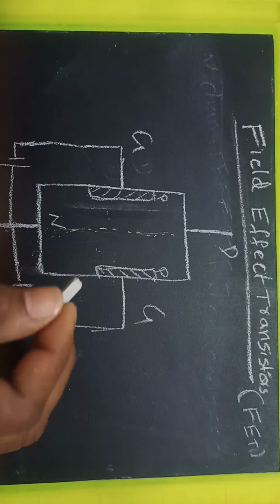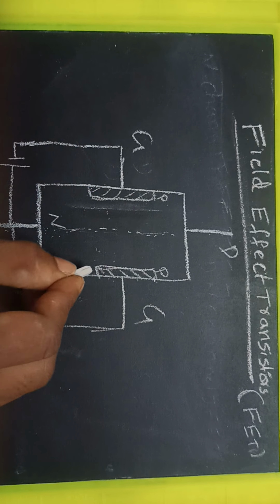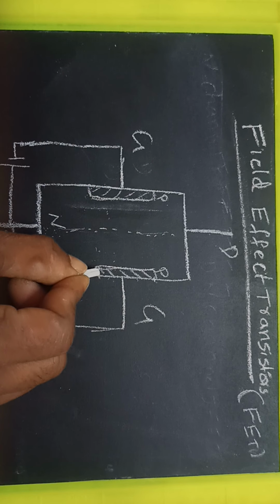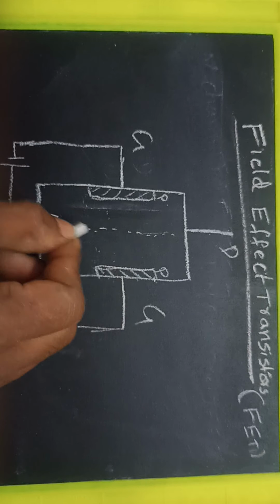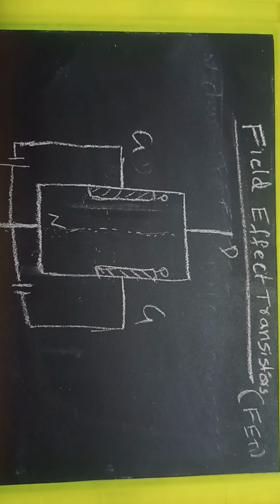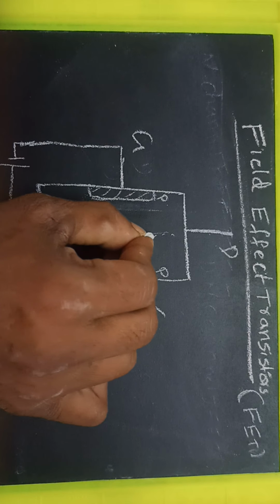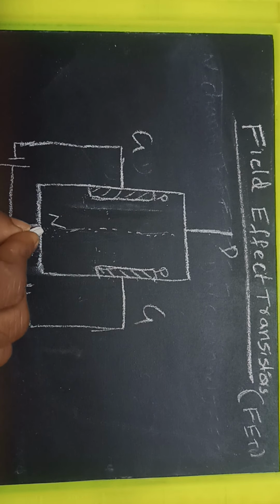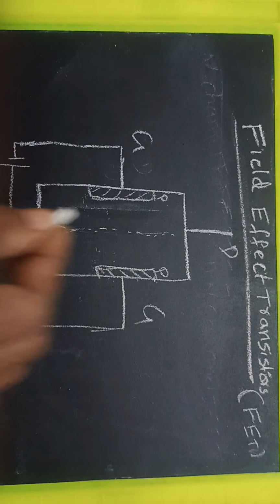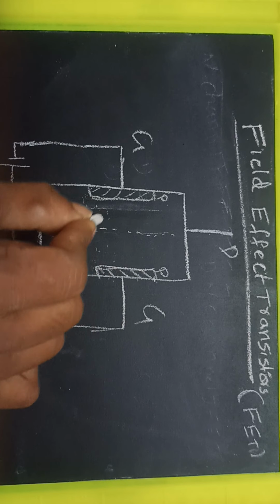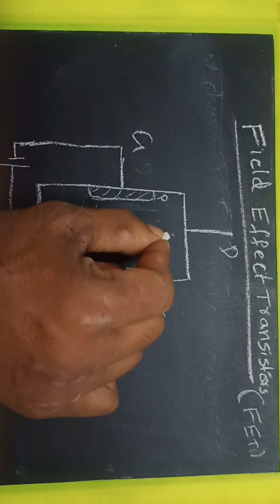Why? Because the channel width is nothing but the region in between p-type and n-type. Look, in between the p-type gate material, the place between these two is known as channel. Through this path only, electrons or majority carriers flow from source to drain. That's why this area is known as channel.